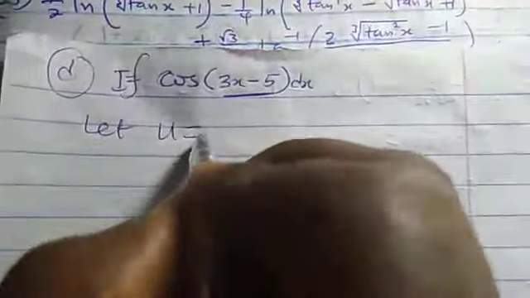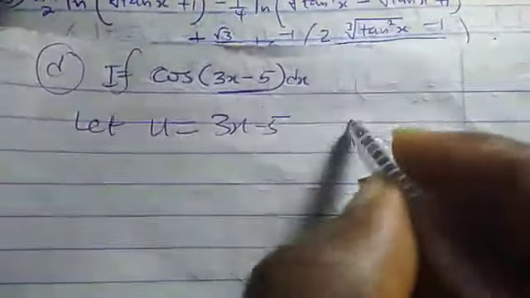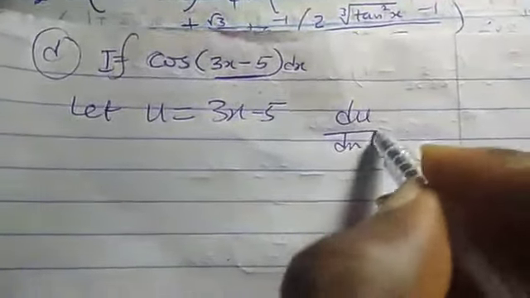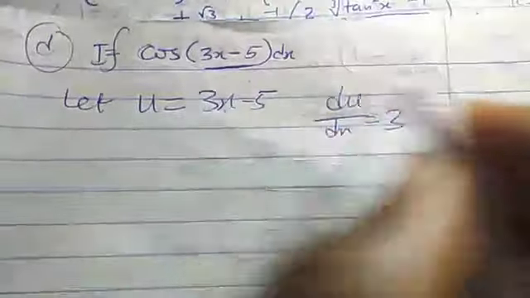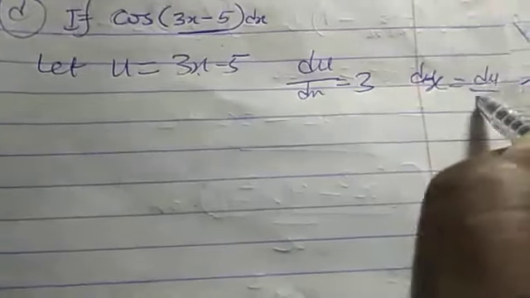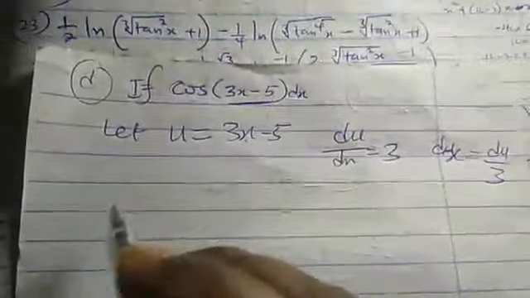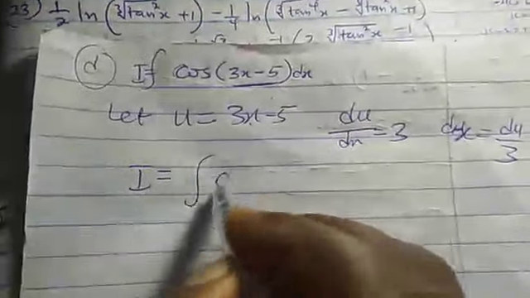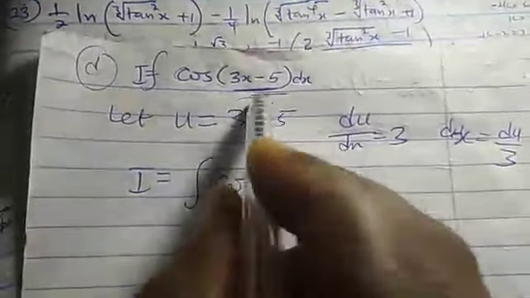Another one, let's say I want to integrate this. Let's say I is equal to this. As this is a linear function, as usual, we say let u be that linear function. Then du dx is the next thing, which is 3. If I make the x the subject of the formula, I will have du over 3 as usual. Then our integration will now become cos u, because everything here is u, times dx.